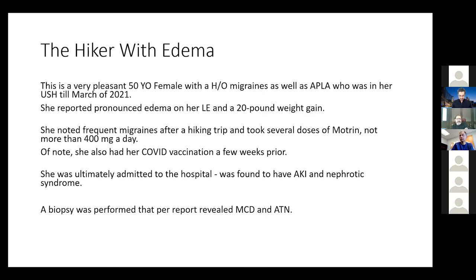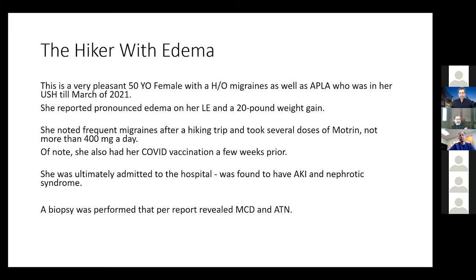She went on some prolonged hikes and was noticing aches and pains and taking Motrin, 400 milligrams a day, not more than that. She reported pronounced edema in her lower extremities and a 20-pound weight gain. She's a petite lady, so she was really puffed up. Of note, she had her COVID vaccination about 4 weeks prior to the trip.